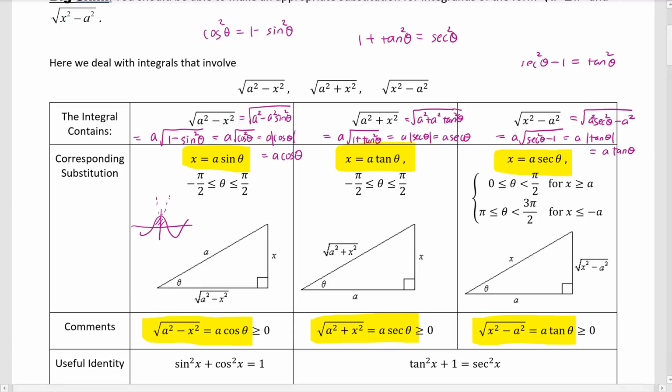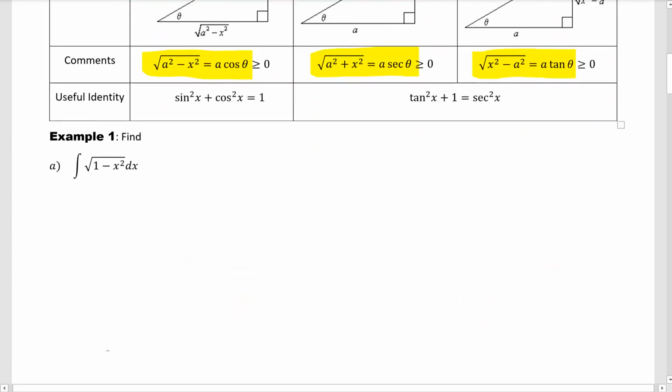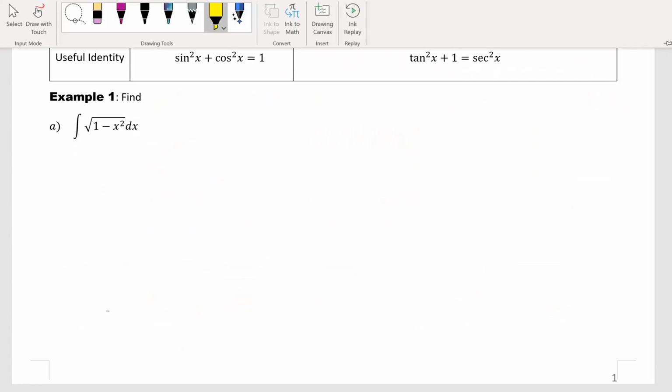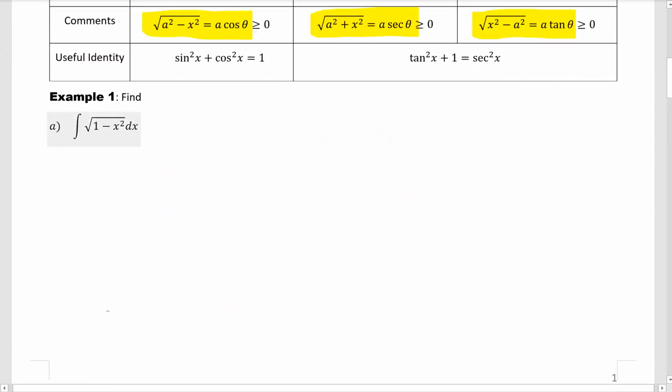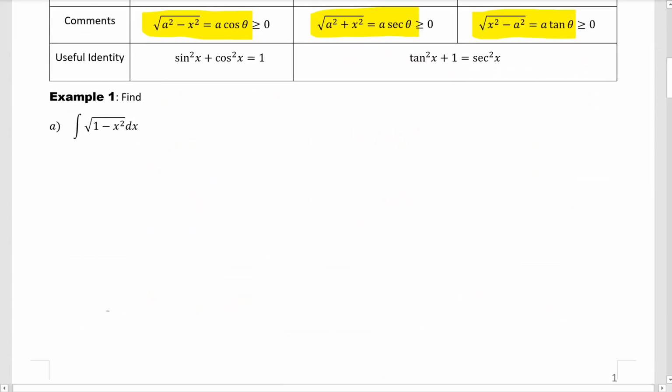Okay, so let's practice. Let's practice the setup. Okay, let's look at this one. Constant minus x squared. What is the setup? That is a sine theta, right? And what's the a? Well, a squared is 1, so a is just 1.